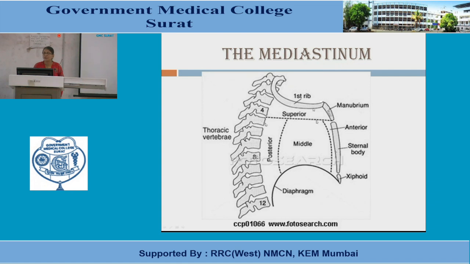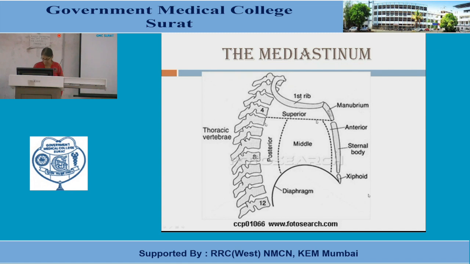Now superiorly, what is the boundary? It is the superior thoracic aperture: anteriorly the superior margin of the manubrium, on each side the first rib, and posteriorly the upper border of the first thoracic vertebra. Inferiorly there is the thoraco-abdominal diaphragm.